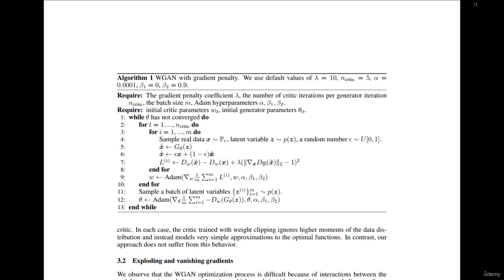And this L2 norm minus 1, all squared, is what forms the gradient penalty. Then lambda is the gradient penalty weight. Also note that for every batch, this epsilon right here, or this factor, is drawn from a random distribution which lies between 0 and 1.